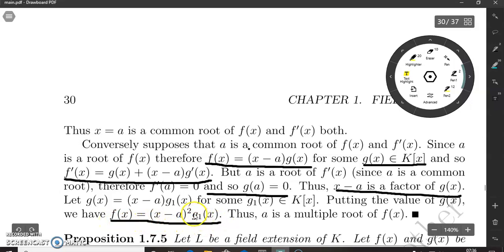Here observe that the power is 2, which is greater than 1. It asserts that a is a multiple root of f(x).